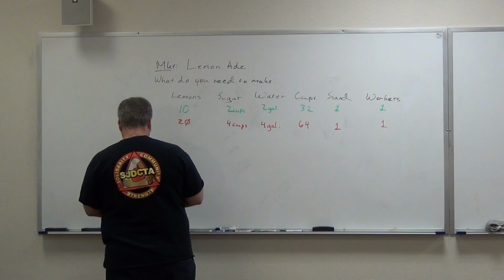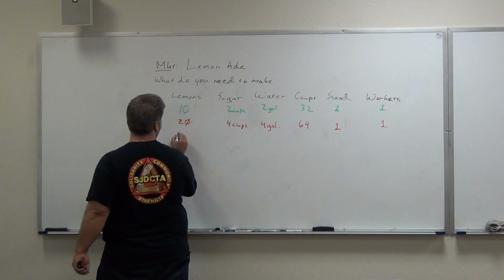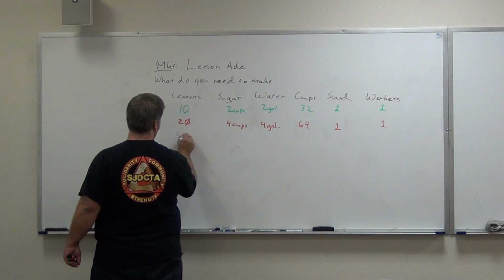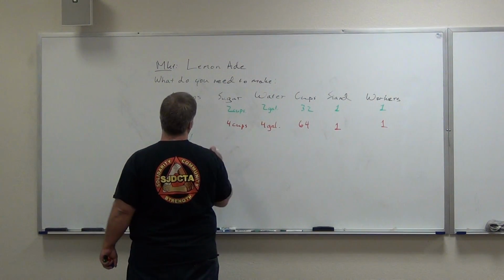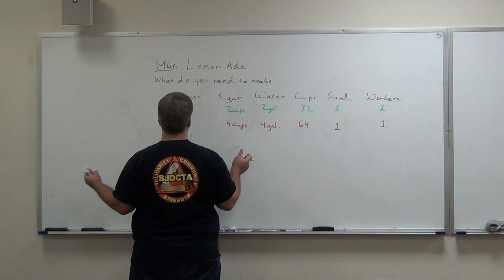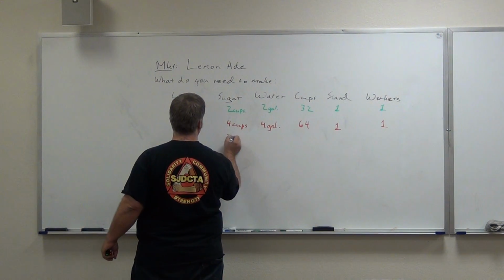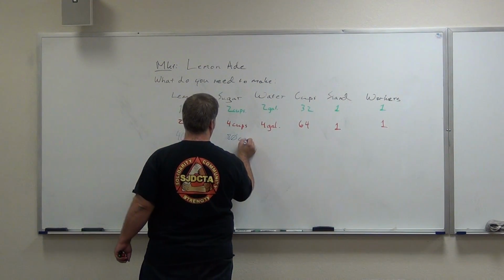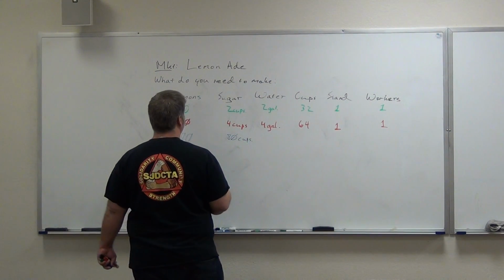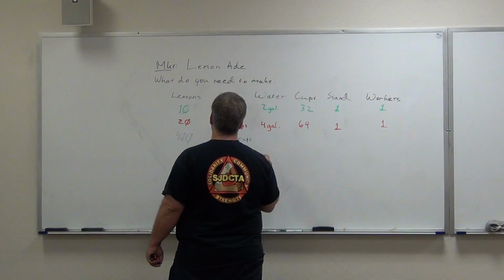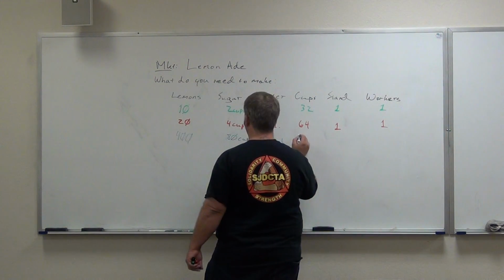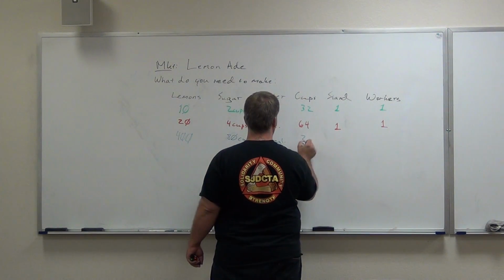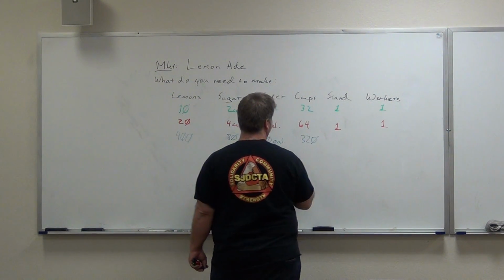And we could keep going up the line until we're at the point where we have 400 lemons. I'm just making these numbers up, so they might or might not scale. 400 lemons, 80 cups of sugar, 80 gallons of water, and 320 cups.